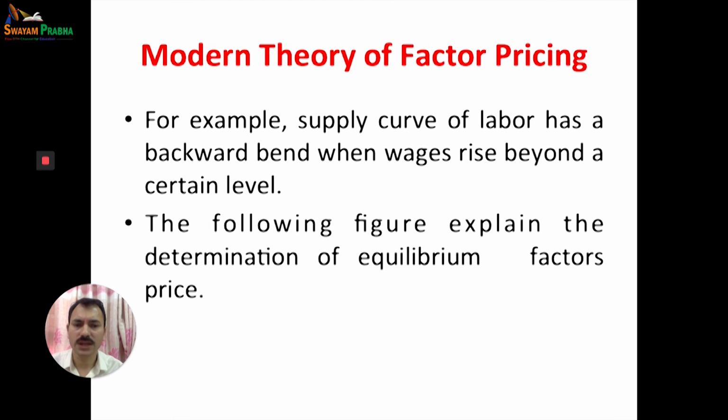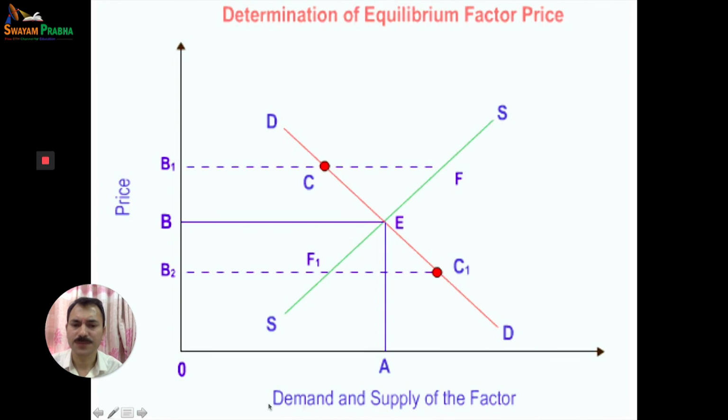The following figure explains the equilibrium of factor production. In modern theory, it's very simple. We have the demand and supply prices. This is the supply curve, supply of labor, and this is the demand for labor. The point where demand for labor intersects the supply of labor is the point of equilibrium, and here wages will be fixed.